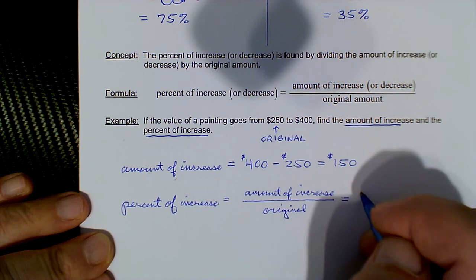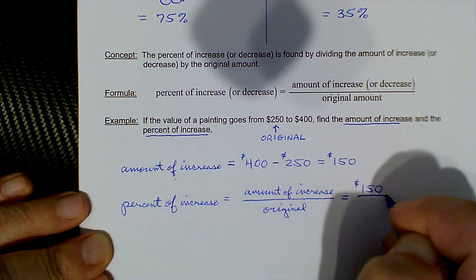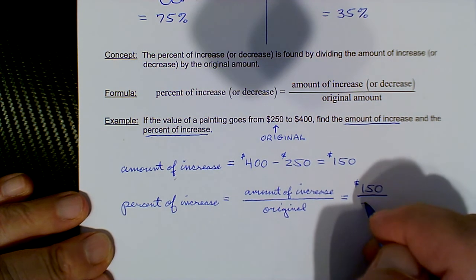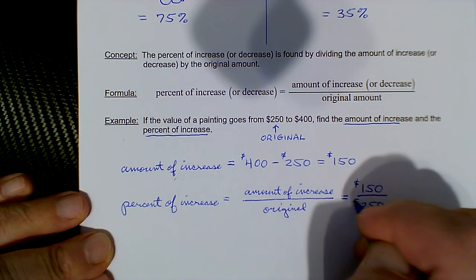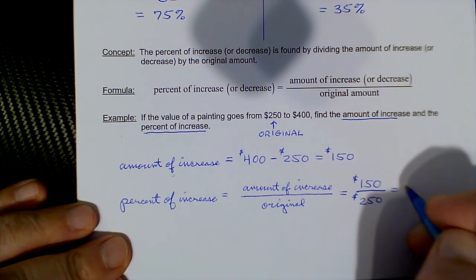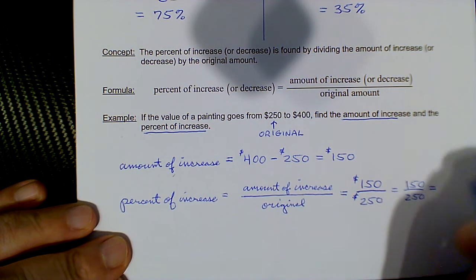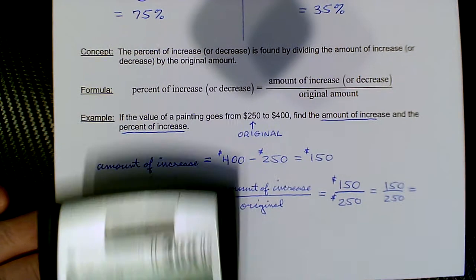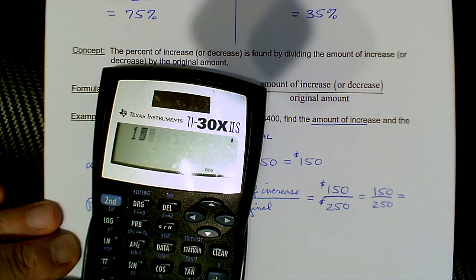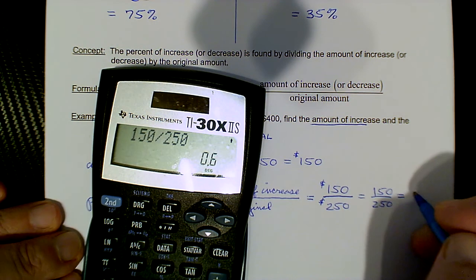So the amount of increase we just found, that was the $150. And the original amount was the $250. Now notice that I kept the unit symbol there. And I know as you guys go through the problem, you probably won't, and it's okay not to. But now we can cancel the units, and we get 150 over 250. Do the division, and that obviously is done on the calculator. Feel free to do long division if you like, but 150 divided by 250 is 0.6.